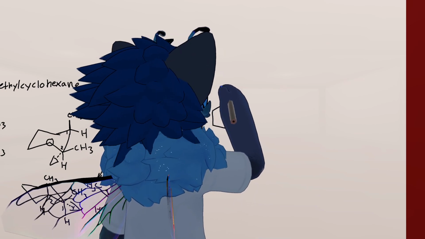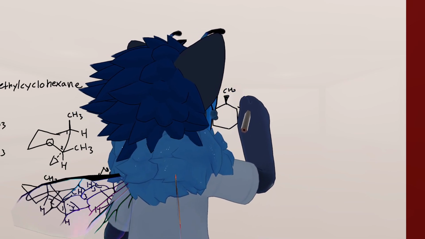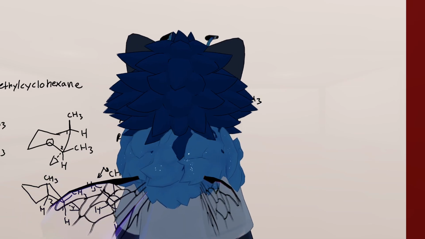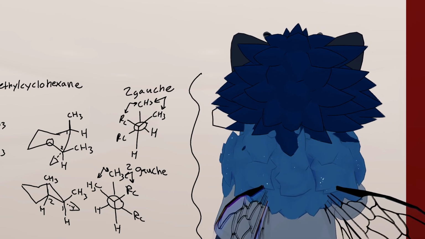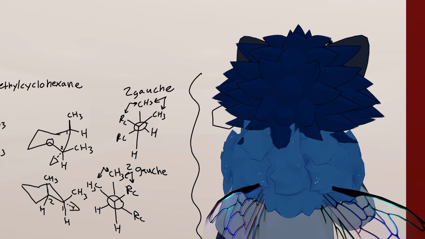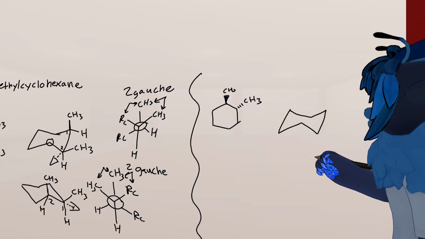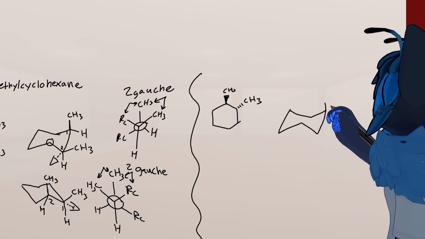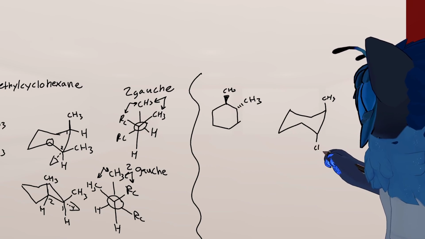Or trans 1,2. Let's do that. So we're going to draw the chair. And one methyl is going to be pointing up, and one methyl pointing down.